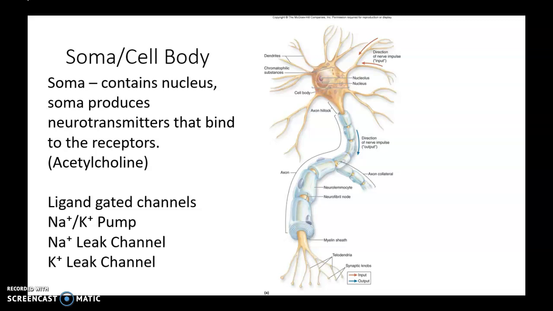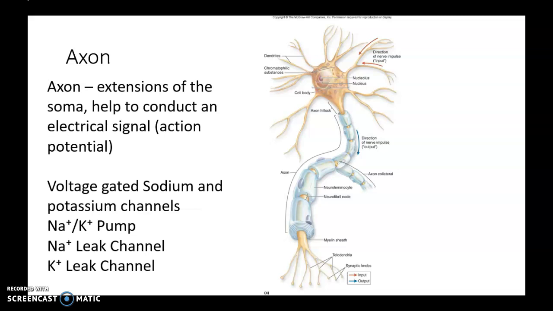Remember, acetylcholine works as a ligand that opens up the gate. So obviously on the cell body we find ligand-gated channels, and acetylcholine is a ligand that binds to open up the channels, and as those channels open up, we have sodium entering the cell. Well, and also soma has sodium-potassium pump and the leak channels.